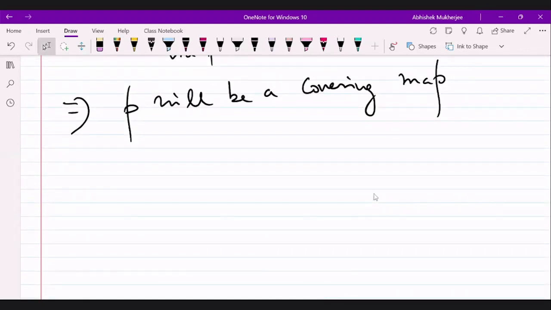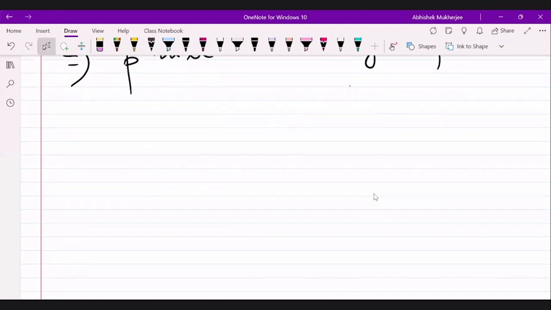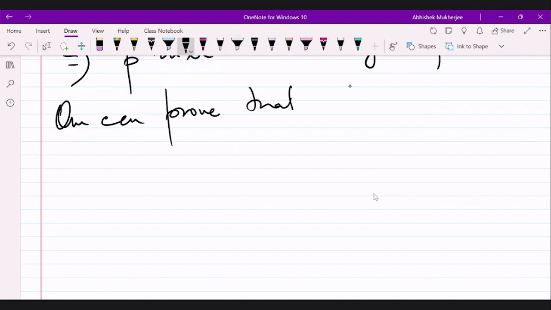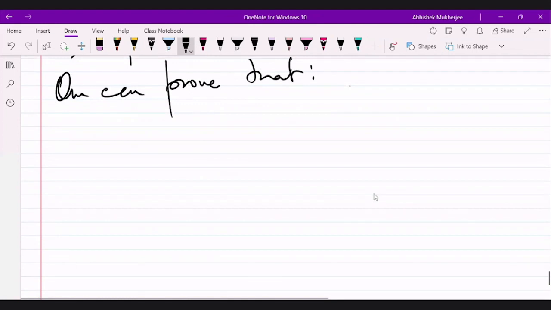Good. Now, we have already cited an example of a surface which is a torus, right? So one can prove that... what do we mean by a torus?